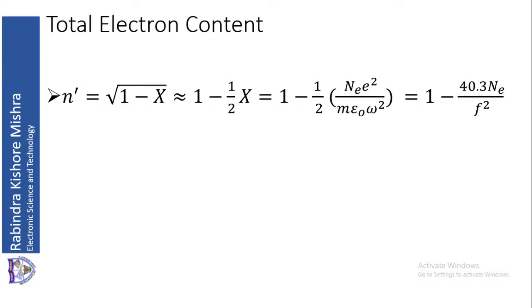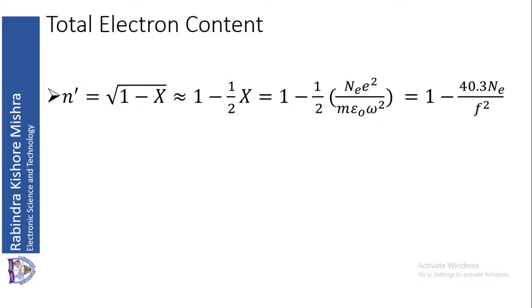Put the values of e square, m, epsilon 0, and 2 pi square, which is 4 pi square. Put those values, that will give you 40.3 Ne by f square. So n dash is equal to 1 minus 40.3 Ne by f square. The refractive index, real part, in the ionospheric medium is 1 minus 40.3 Ne by f square. That is approximately 40.5 Ne by f square.